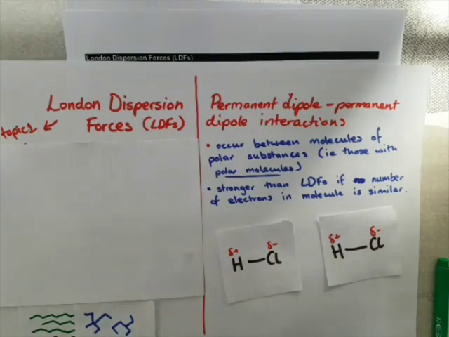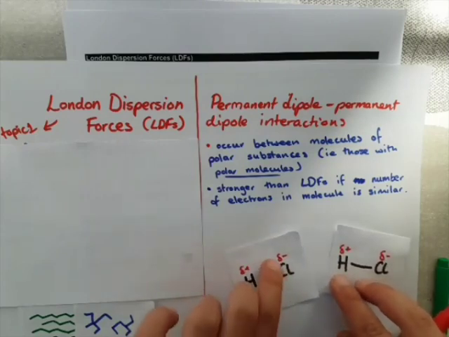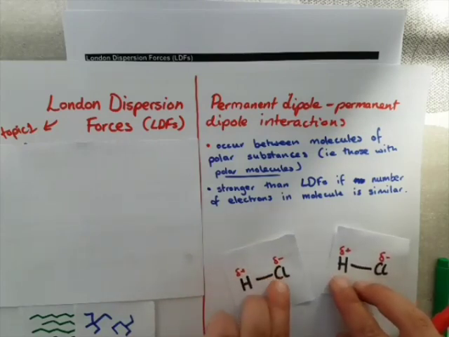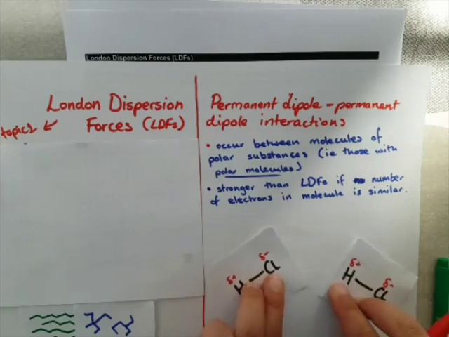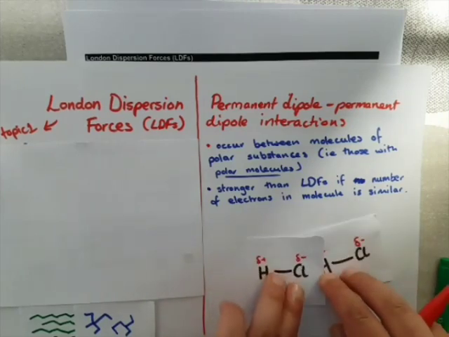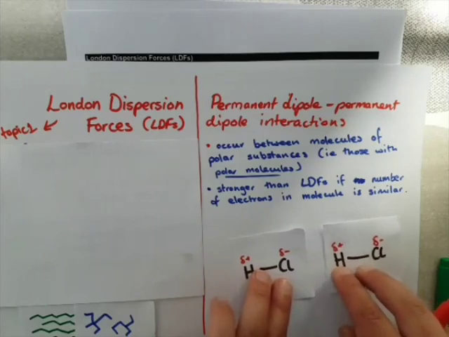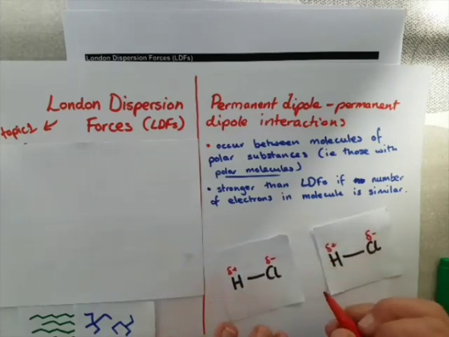What that means is that if we've got two hydrogen chloride molecules floating around, the negative chlorine atoms will be attracted to the positive hydrogen atoms in a different molecule. So you can think of it a bit like two magnets. The opposite poles of the magnet, or the opposite charged parts of the molecule, will be attracted.